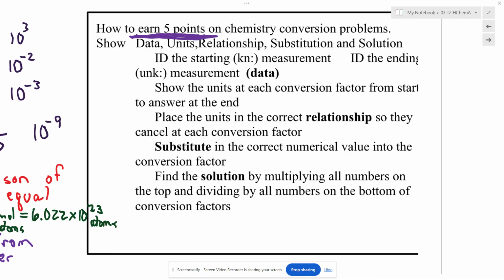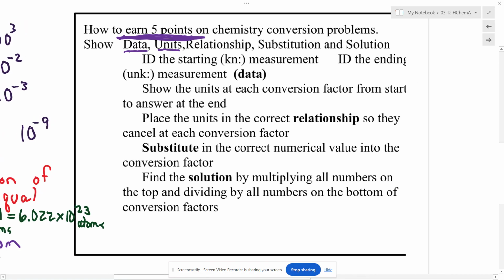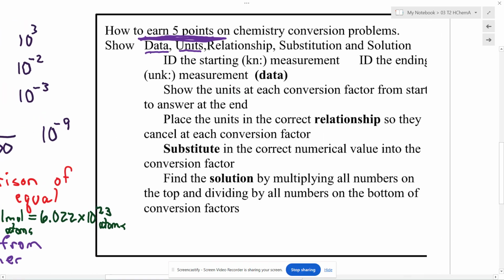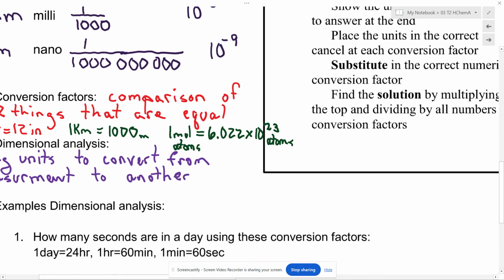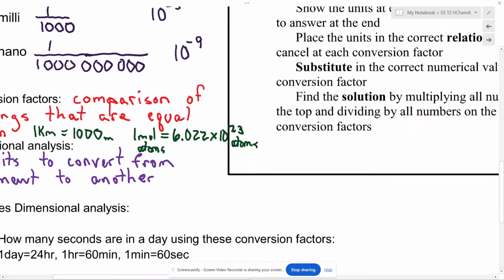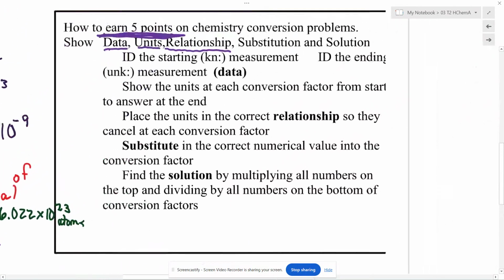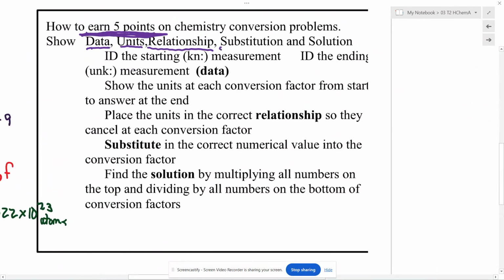And showing the answer looks like this. You're going to show these things. You're going to show data. You're going to show units. You're going to show the mathematical relationship, which is the dimensional analysis and the conversion factors that we were just looking at. Substitution and solution. So that's 5 things.